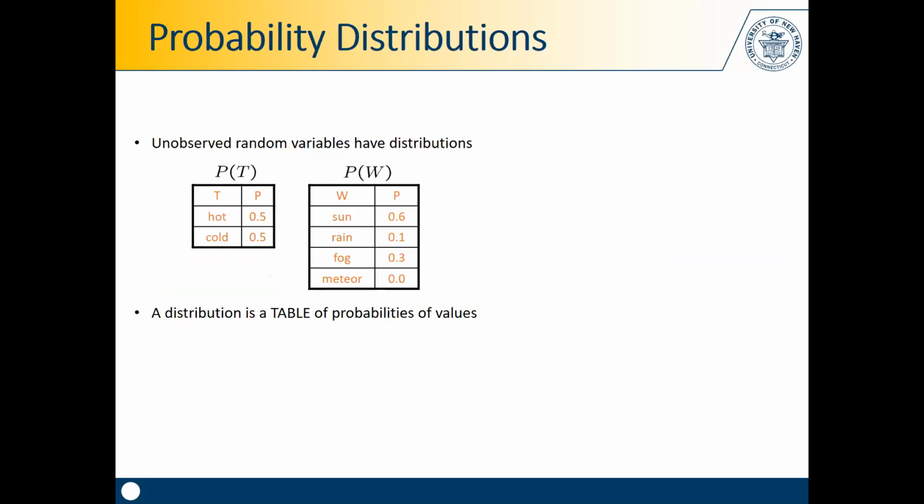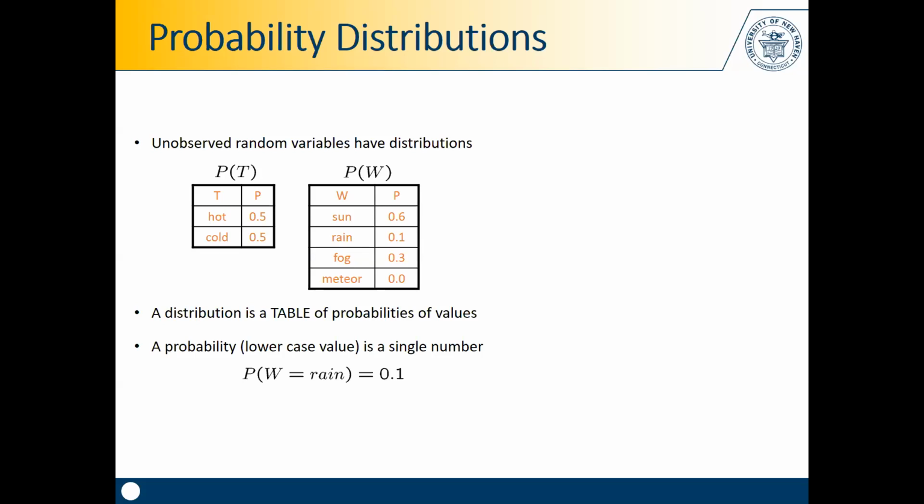So just to reiterate, unobserved random variables have distributions. And a distribution can be represented as a table of probabilities of values. This is another way of representing a particular mapping in the probability distribution.